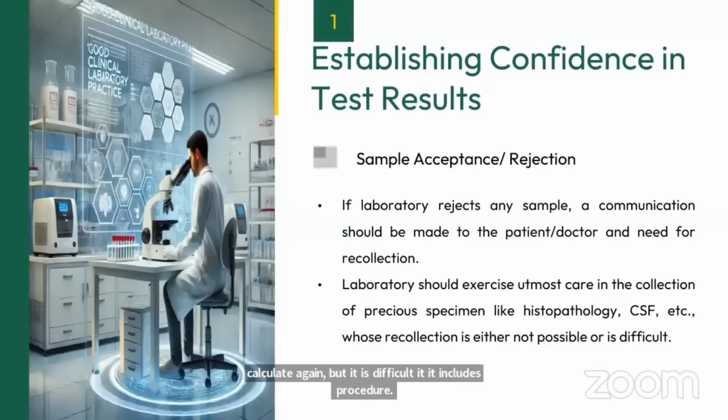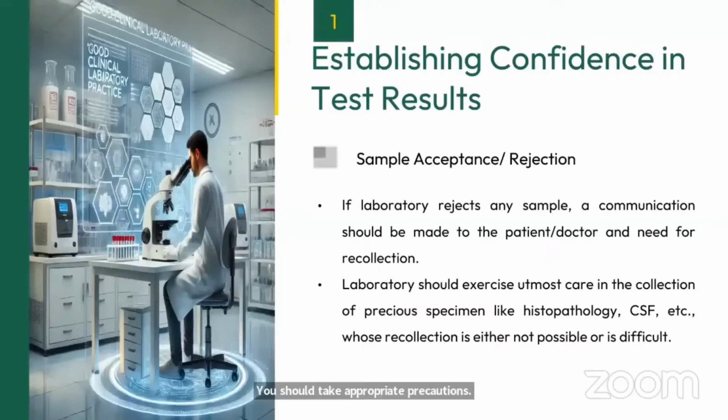So you should take appropriate precautions, considering the importance and preciousness of those specimens, when you are exercising your sample acceptance and rejection criteria. You should convey this information to the doctors or the collection staff when they are collecting the sample. With histopathology samples, many times you may not be able to get a repeat sample or recollection.